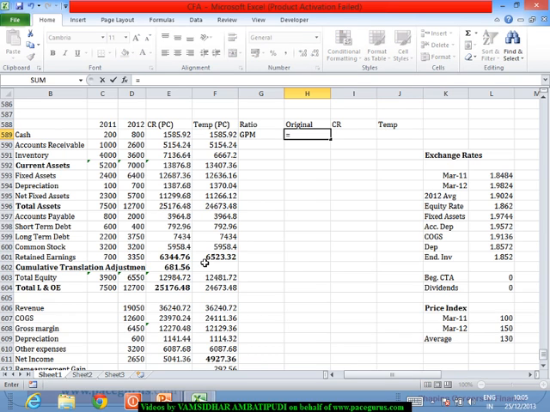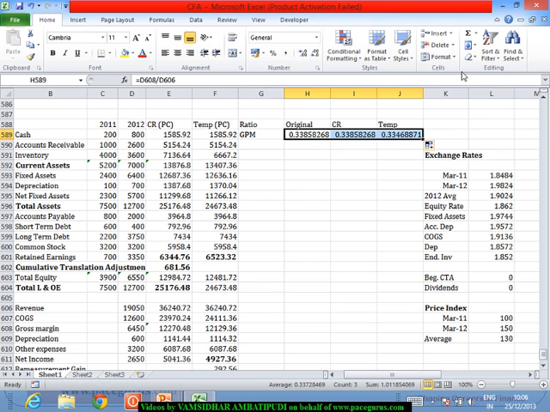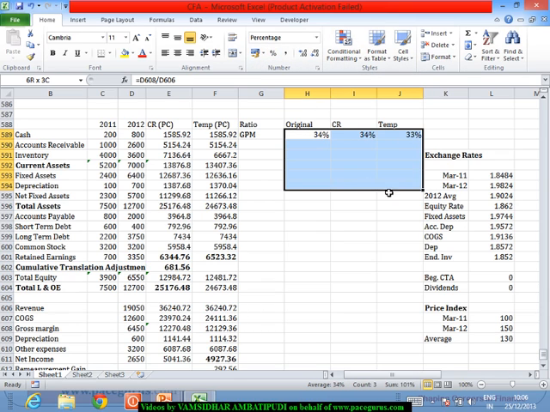So the gross profit margin, which is nothing but the gross margin divided by revenues. Okay, so 33.85%. So across, let me translate all these into the percentage form.